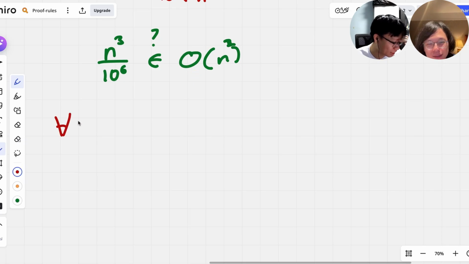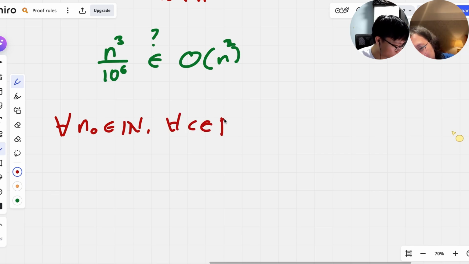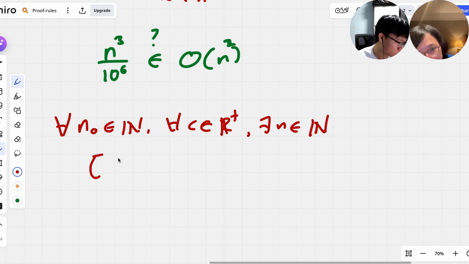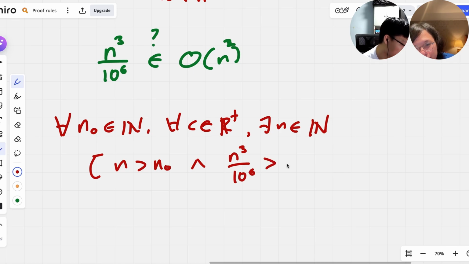So what we need to show is the negation of the statement, which happens to be: for all n0 in N, for all c in R plus, there exists an n in N such that n is greater than n0 and n cubed over 10 to the power of 6 is bigger than c times n squared.